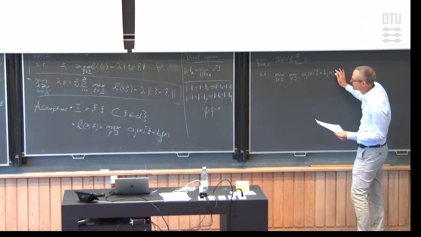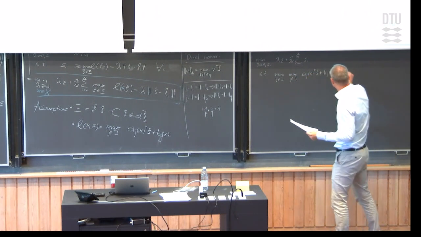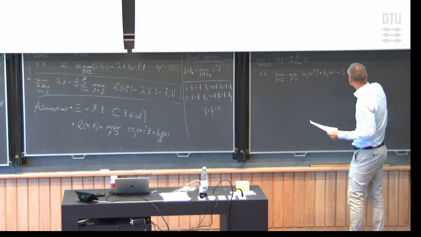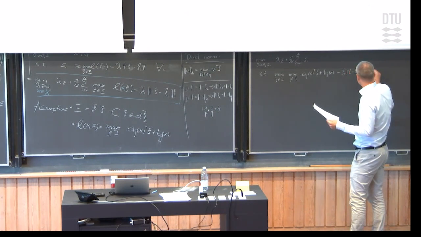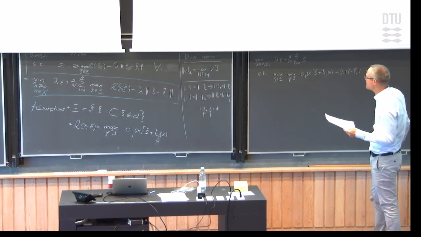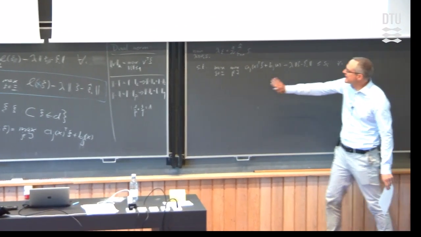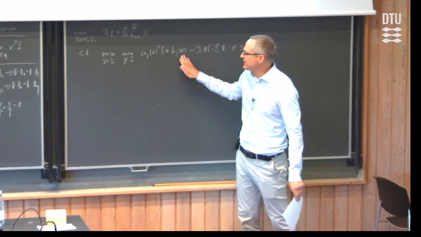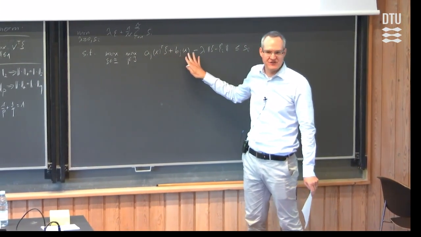That's my definition of the loss function. And then the rest is just minus lambda norm xi minus xi hat i. And that should be smaller or equal to s_i for every i. Okay? So the only thing I did, I used the definition of my loss function as a maximum of linear functions.